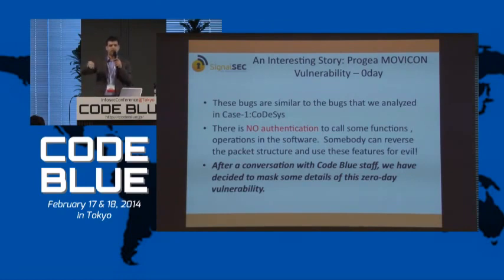There are some opcode switch cases which are responsible for calling some functions. And there isn't any authentication step before calling these cases. So anybody can reverse the packet structure again, and then call these case opcodes for evil.